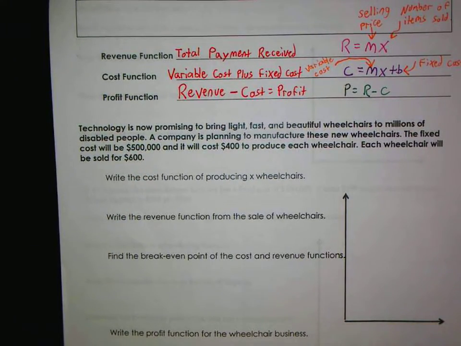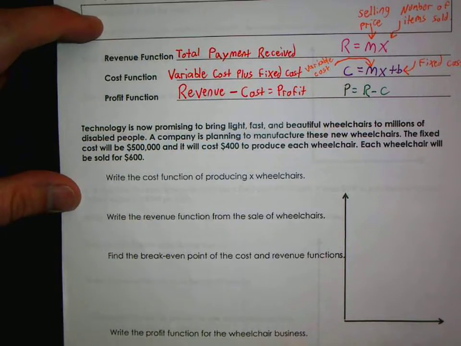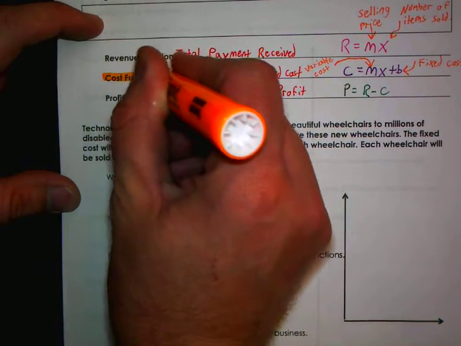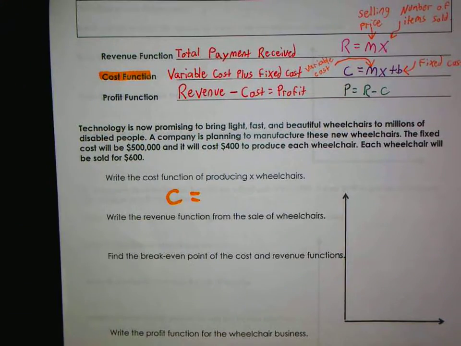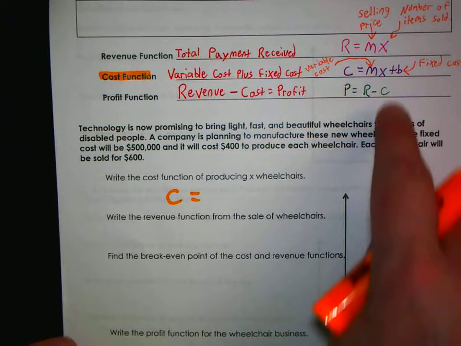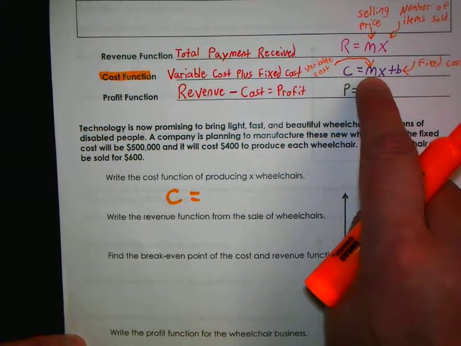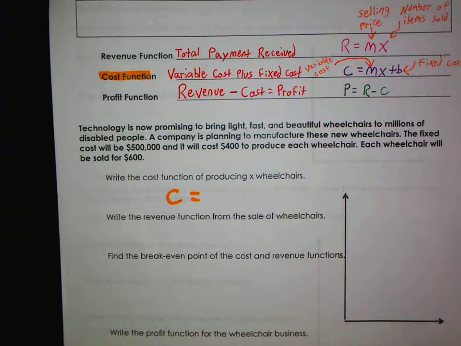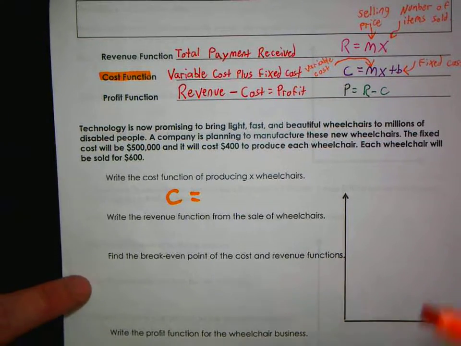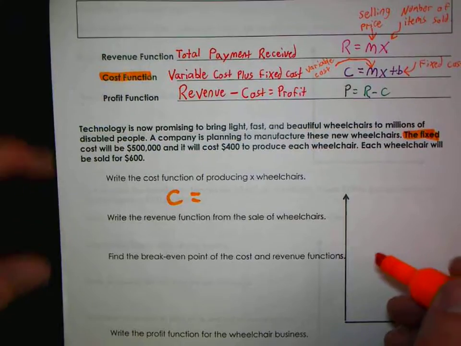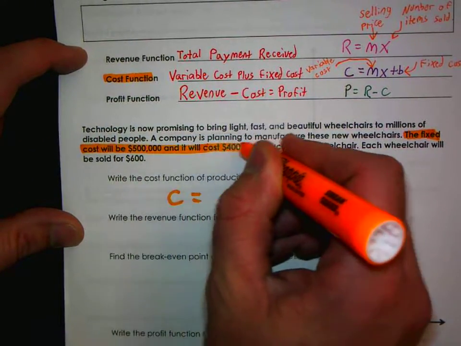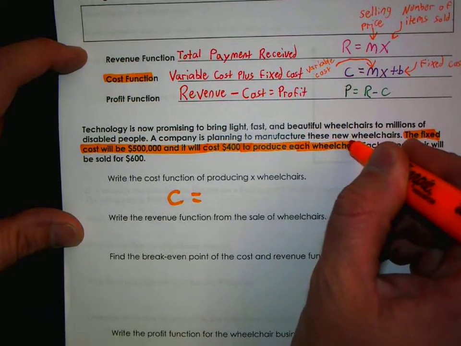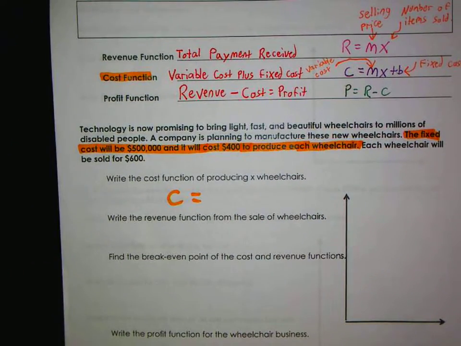So cost, let's let cost today be orange. So what does it cost? What is my variable cost and my fixed cost? So my cost is contained in that orange.